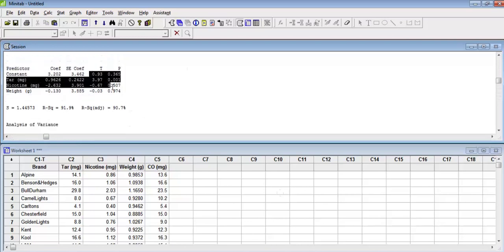Here, as we can see, the p-value for tar is close to 0. This means that tar is the most significant of the predictor variables. Similarly, weight, the p-value is 0.974, which is not close to 0. Therefore, weight is the least significant of the predictor variables.